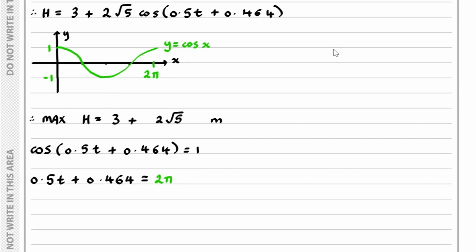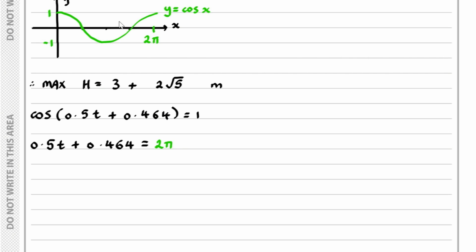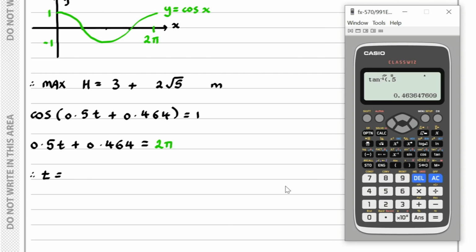So what we need to do is find out what t is. So therefore t is equal to 2 pi take away this, and then multiplying through by 2, we get 11.639, etc. So t is equal to 11.6 given to 1 decimal place.